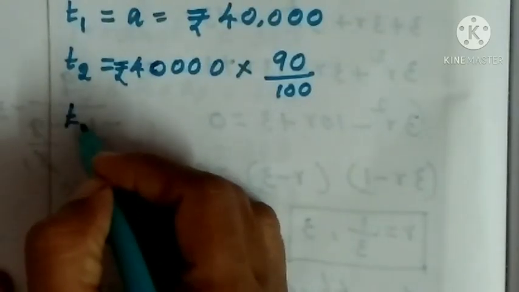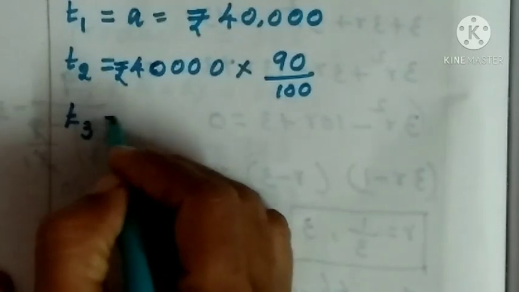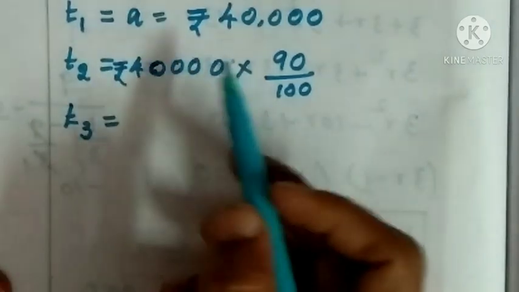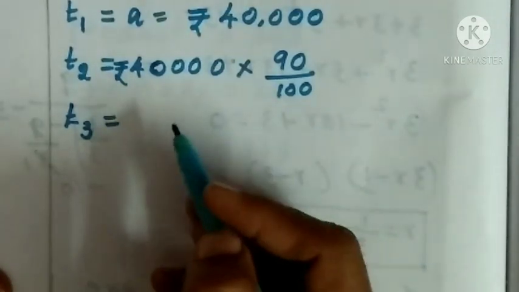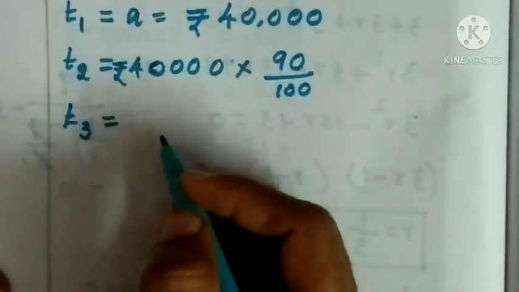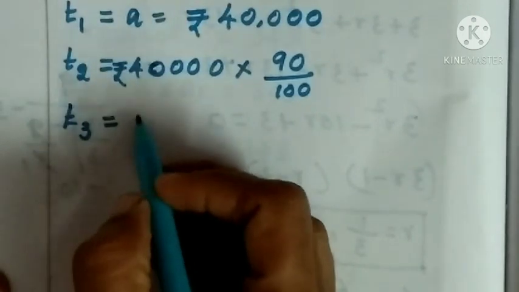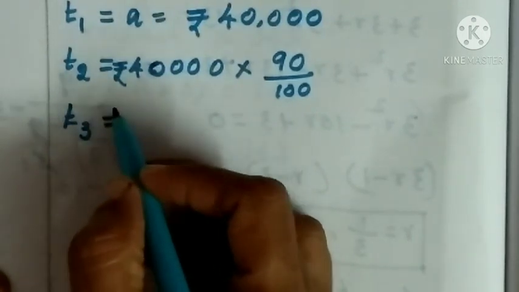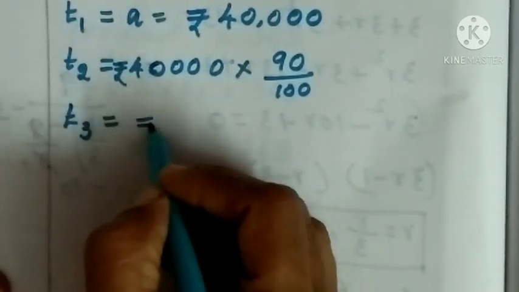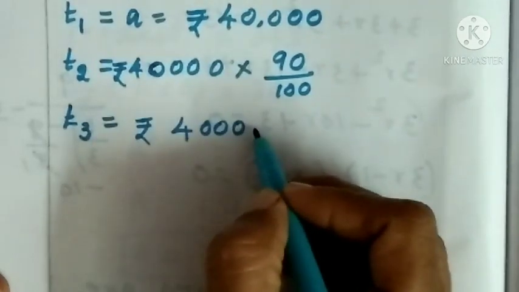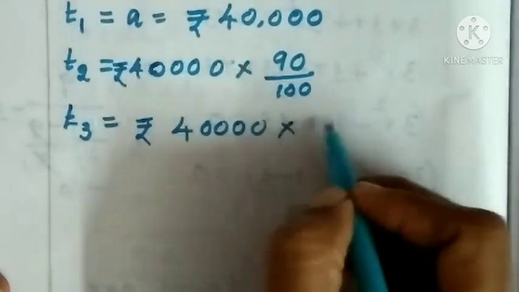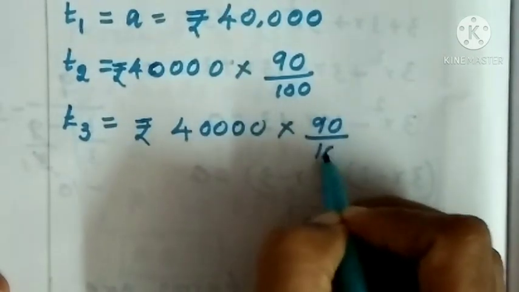Similarly, after the second year, that is T3, the value of the machine is 90% of the previous year's value, which is equal to rupees 40,000 into 90 by 100.